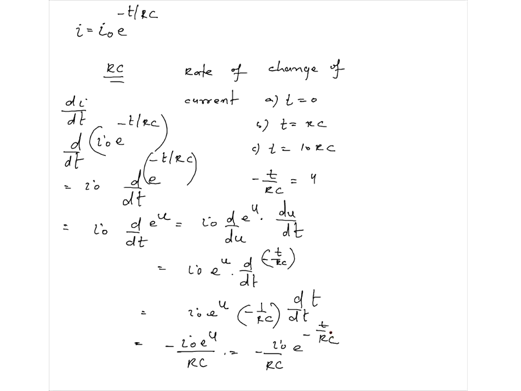So first put t equal to 0 here. See what you get. That's the answer to part A. Put t equal to RC, you get the second answer. Put t equal to 10 RC and you get the third answer. Values are put only after differentiation.